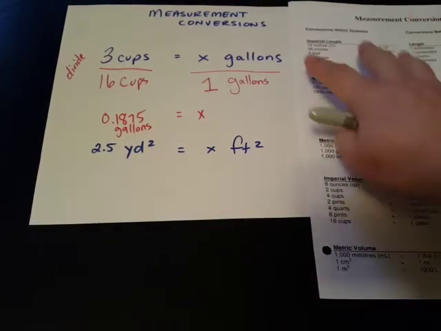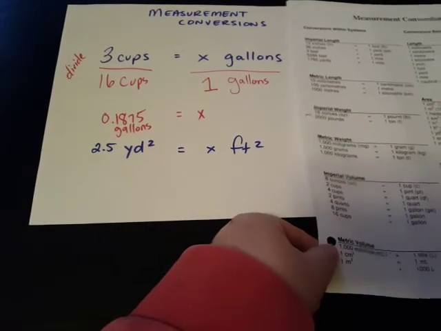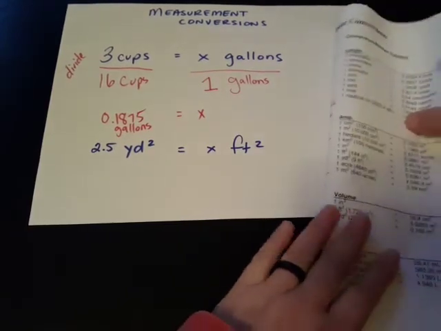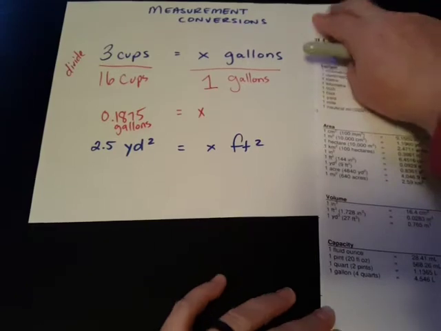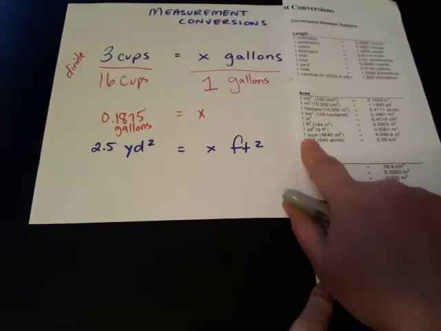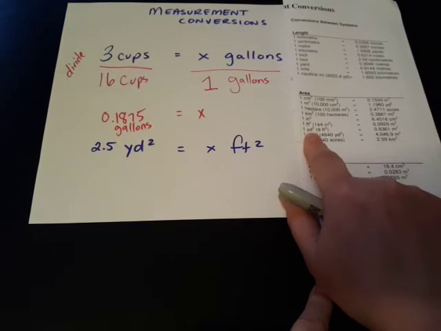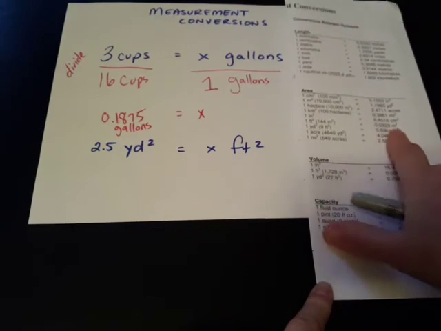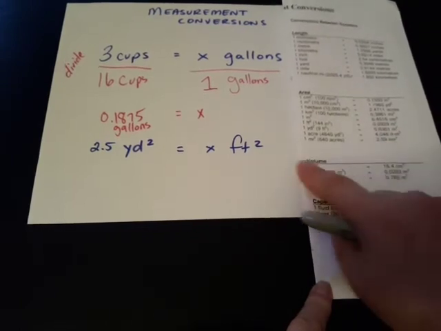So in terms of our chart, we actually have to look on the second side, or the other side. And we see the area header. And we can look in and find square yards and square feet. Now, they're on the same side because this is helping us to convert to other systems.